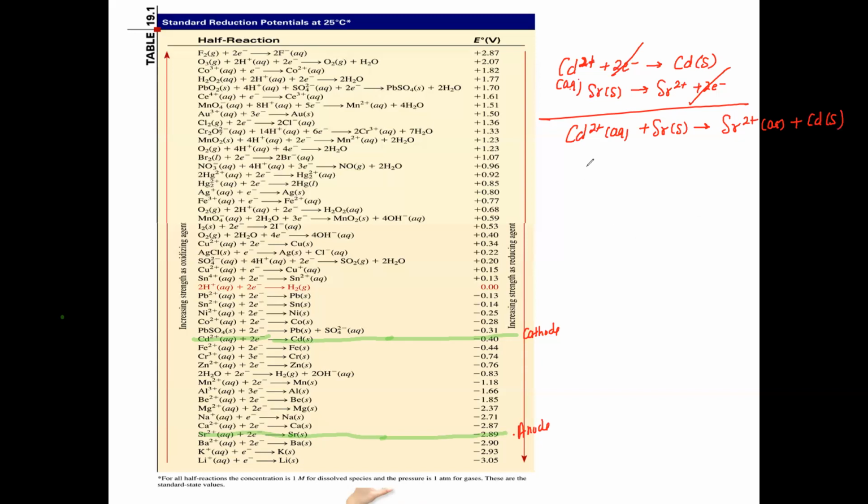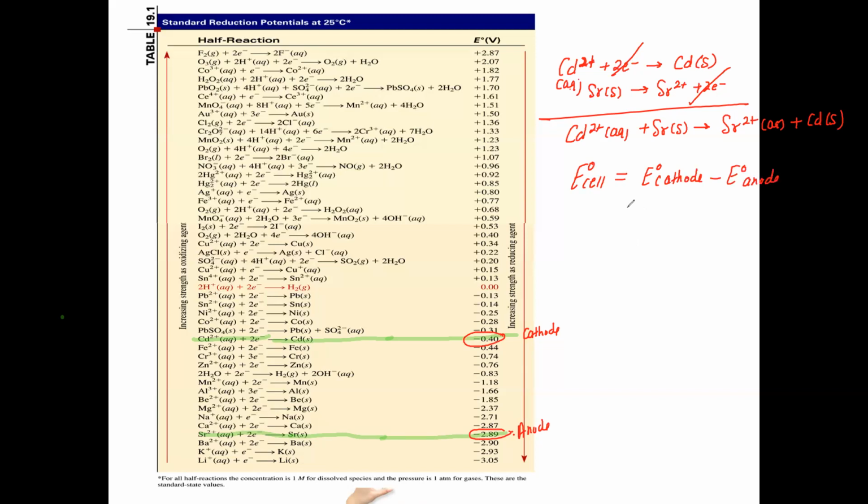Right? Now what is E naught cell? What is E naught cell? E naught cathode minus E naught anode. And pick up these reduction potentials only. E naught cathode minus E naught anode.